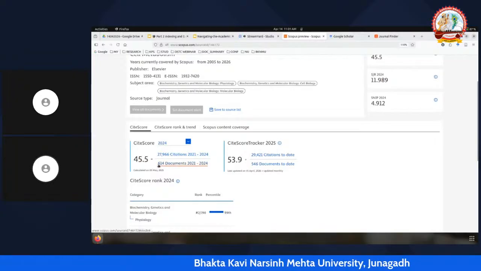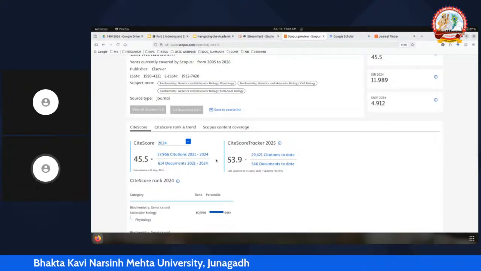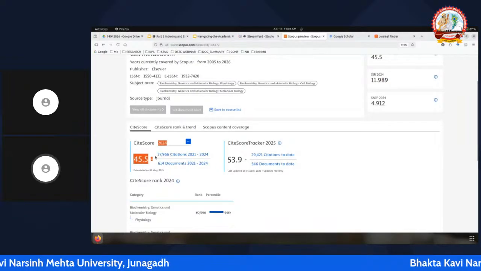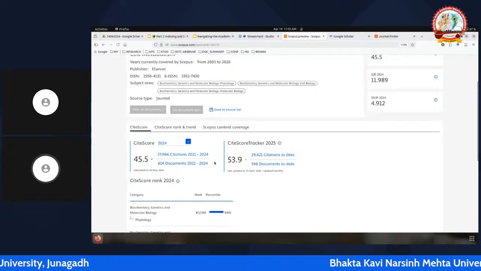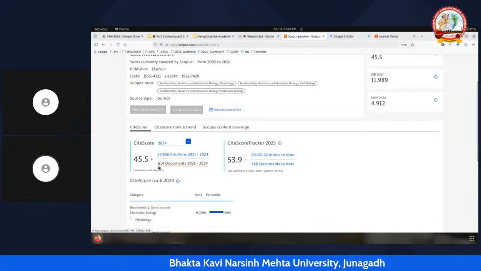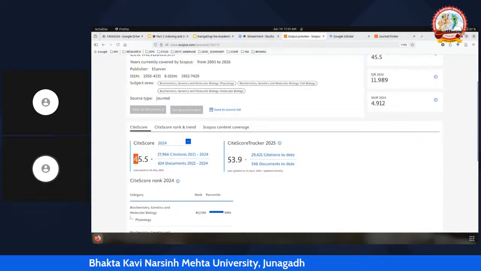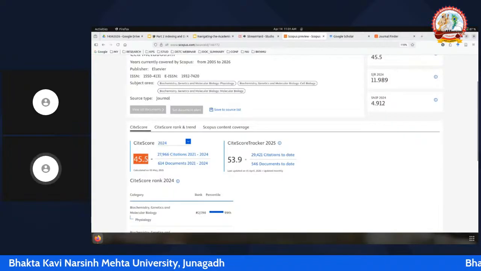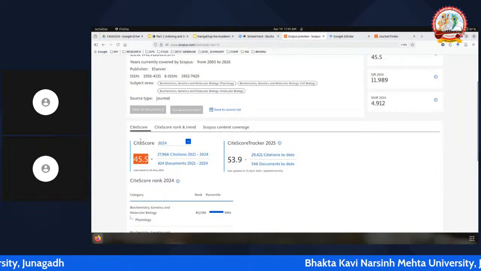So that is total 614 documents received in 2021 to 2024. In these documents, they have received the citations of 27966. So 27966 divided by 614, that is 45.5. That is the site score for this particular journal.